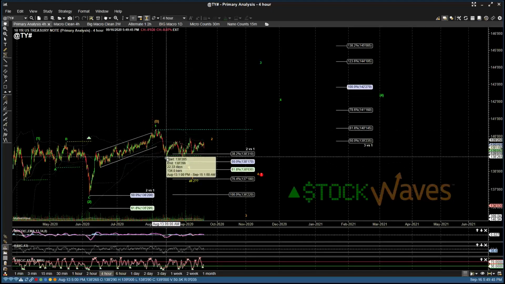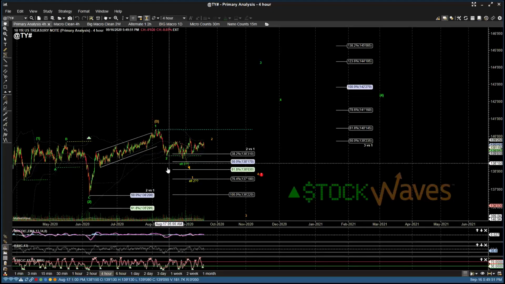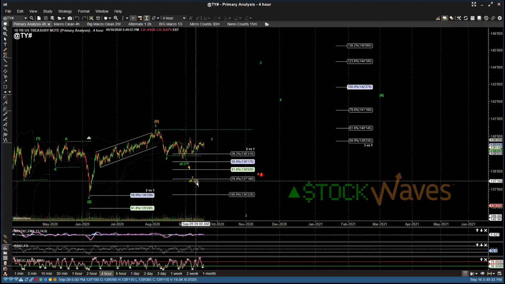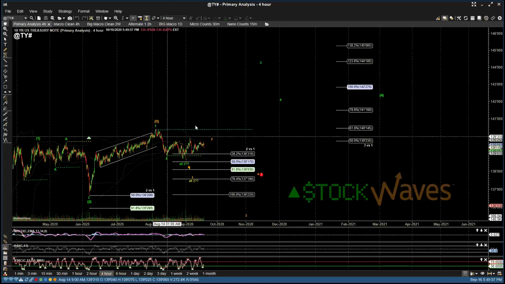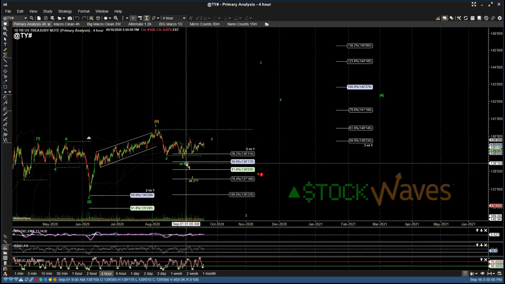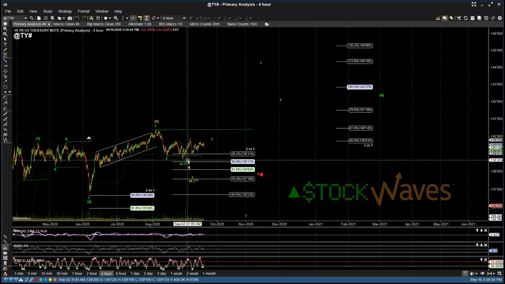The problem is that this retrace in the 30-year and in TLT had already come down to a deeper retrace, so it didn't have as much room for the alt wave 2. But the 10-year still continues to hold in what looks like a more bullish posture.